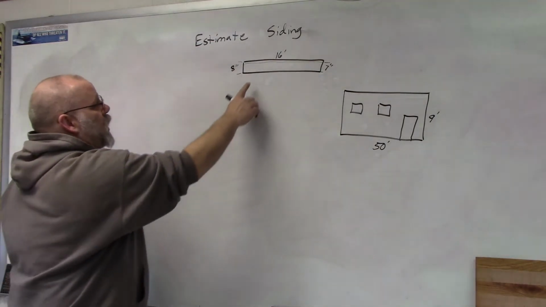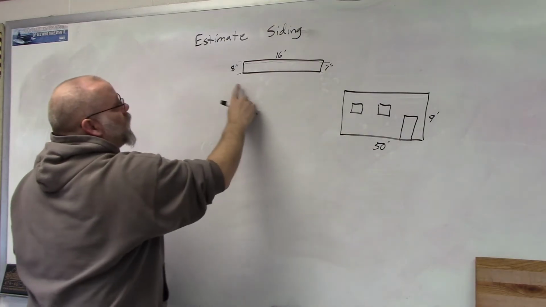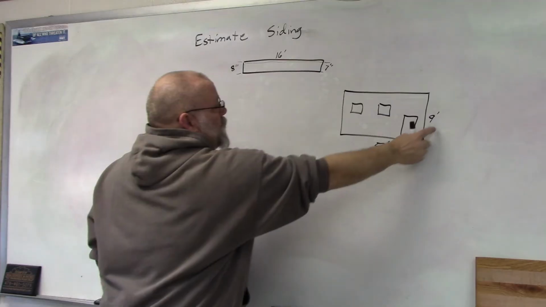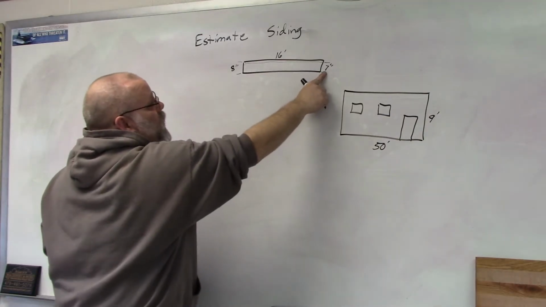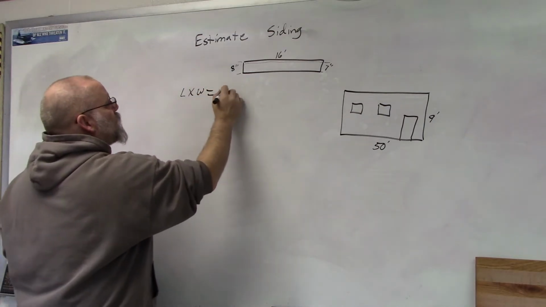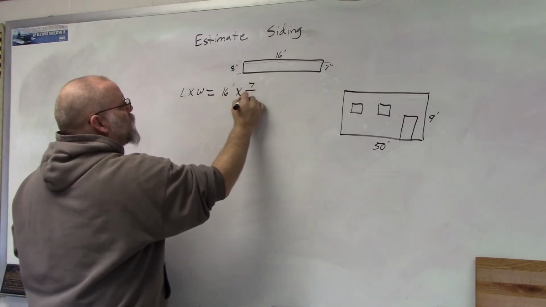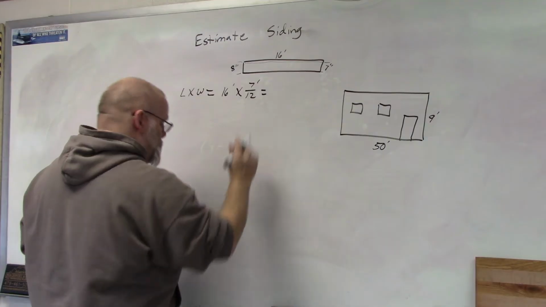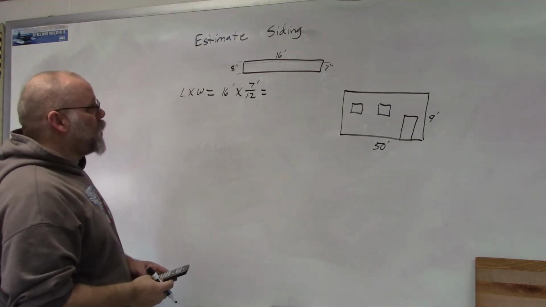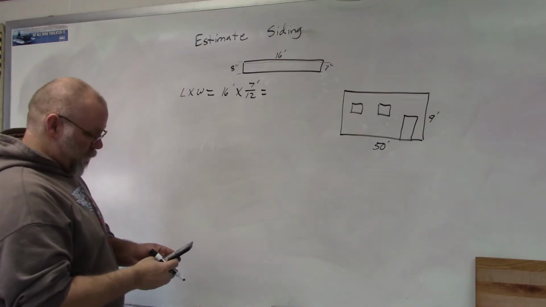Okay, so let's find the area of this one first. Again, this one's in inches and this one's in feet. We have to have them in the same units, so let's convert this one to feet. So length times width: we have 16 feet times 7/12 feet, which will give us the area that will be exposed once we hang the siding.